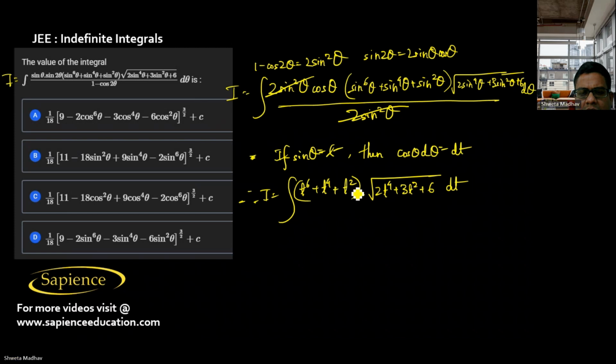So this 2t power 4 plus 3t square plus 6, if we take it as z, then I can say that 8t power 3 plus 6t into dt is equal to dz.